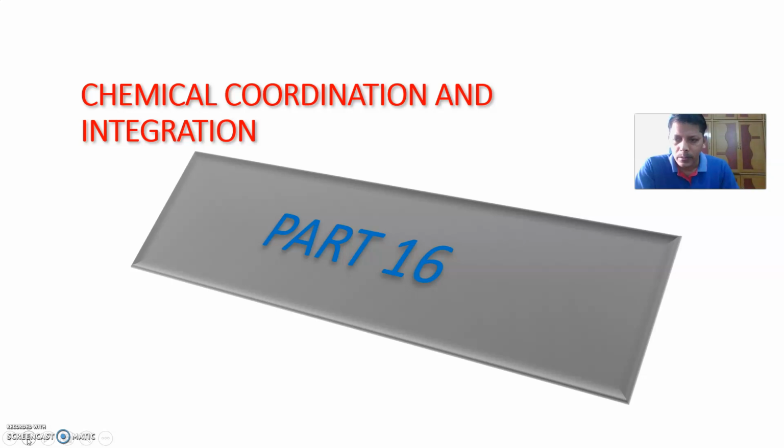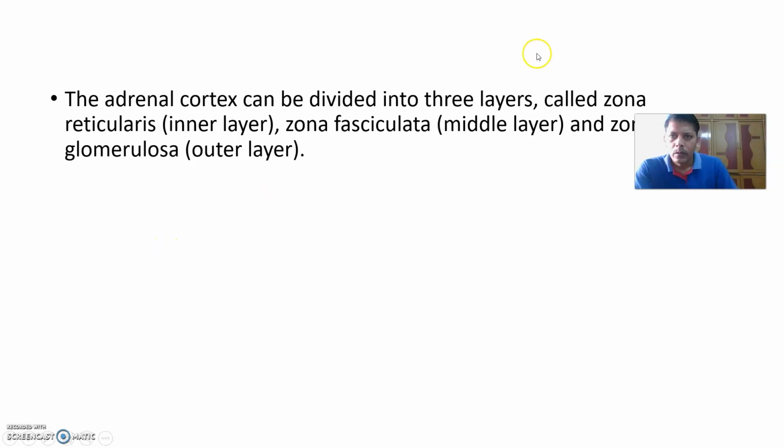This is part 16 of chemical coordination and integration. In this part, we are going to learn the remaining part of the adrenal gland. We learned some points related to the adrenal gland: where it is present, the two parts of the adrenal gland, what is the outer part, what is the inner part, and what is the origin.